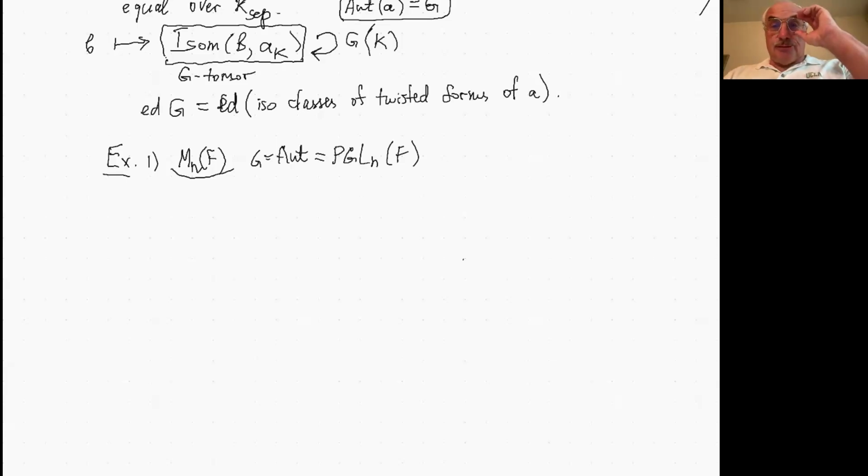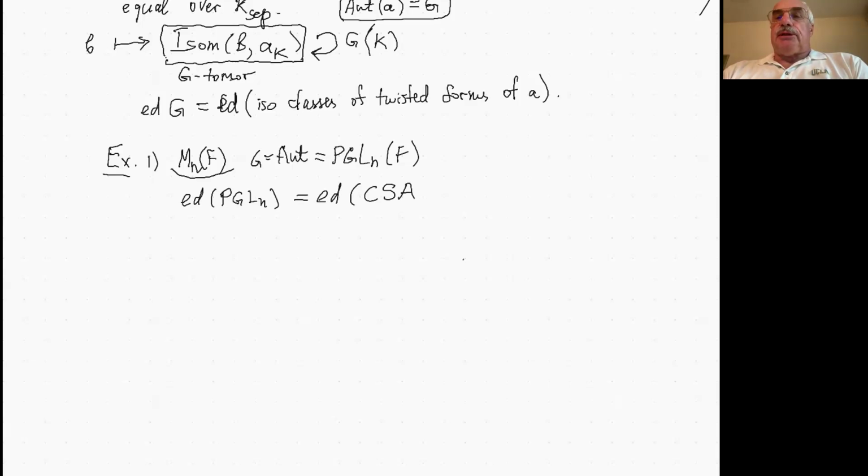It has no nontrivial two-sided ideals. The same property should hold for all twisted forms. In fact, twisted forms are exactly of this form: central simple algebras. So the essential dimension of the projective linear group is the same as the essential dimension of the class of central simple algebras of dimension n squared. n is called the degree of the algebra.